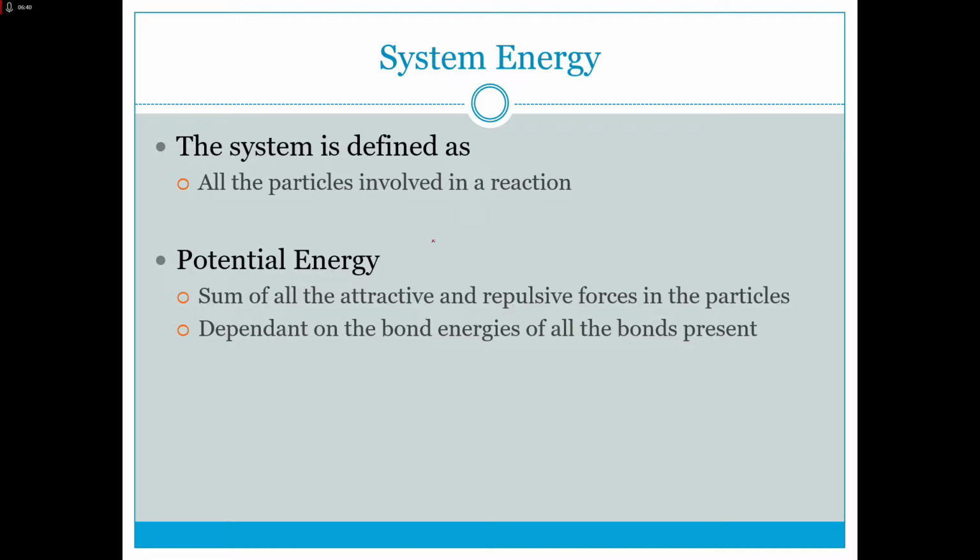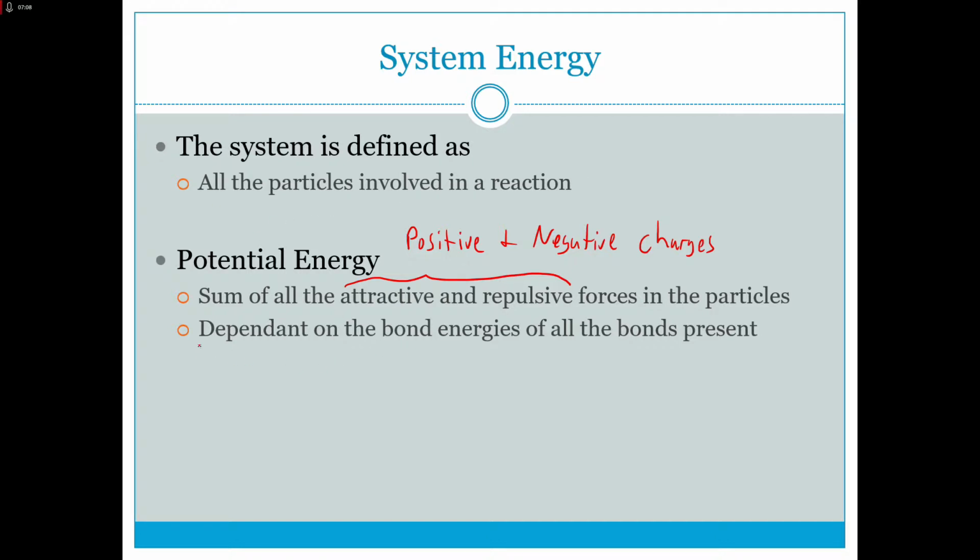Usually these are defined as the positive and negative charges that will cause attractive and repulsive forces. So the protons in the atoms and the electrons swirling around the protons will cause attractive and repulsive forces between the particles.